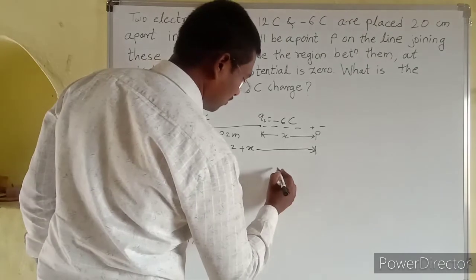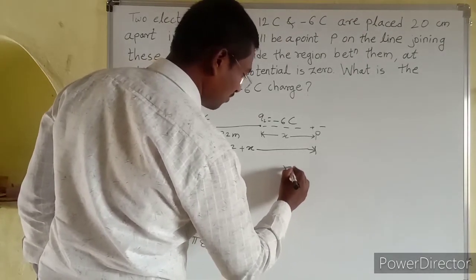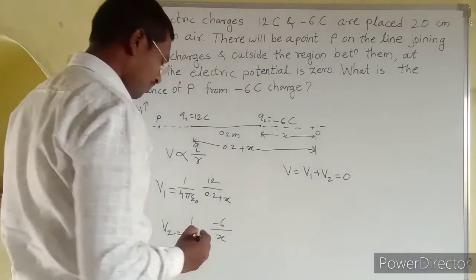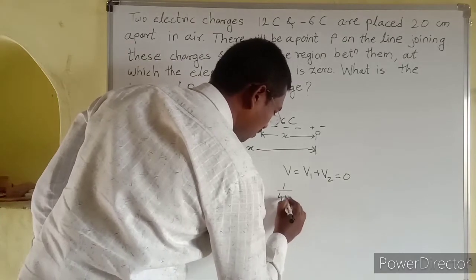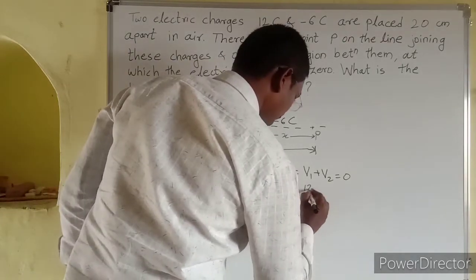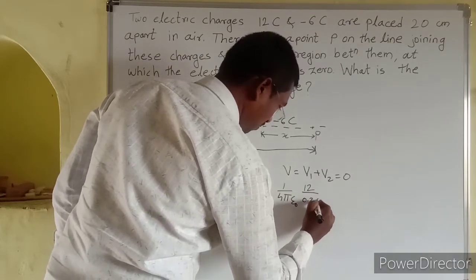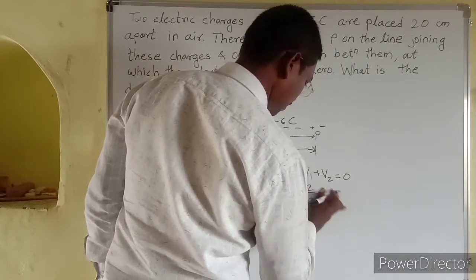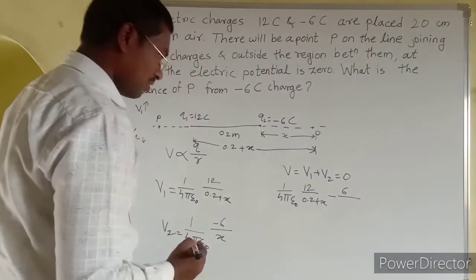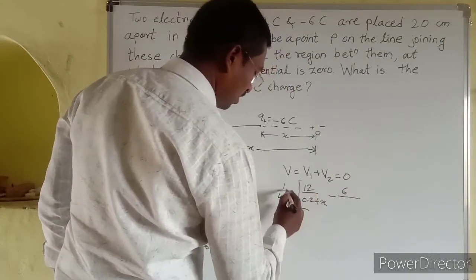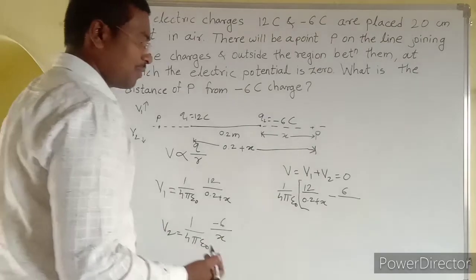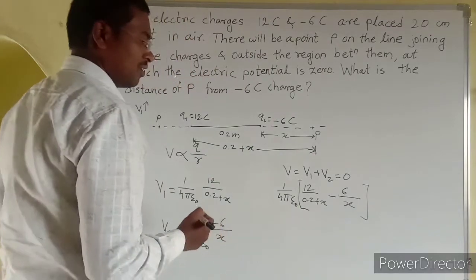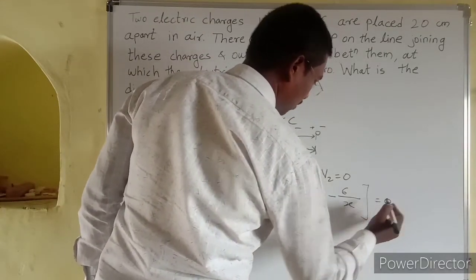Okay. This total potential V can be written as V1 plus V2, which is equal to 0. So 1 upon 4 pi epsilon naught times 12 divided by 0.2 plus x plus minus 6 upon x, where we take 1 upon 4 pi epsilon naught outside the bracket, is equal to 0.